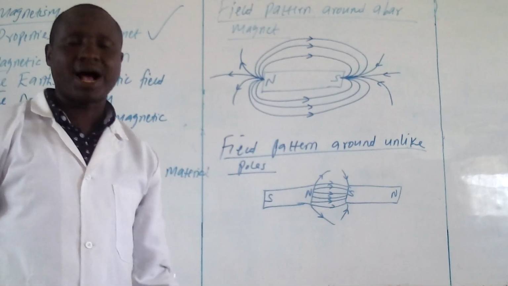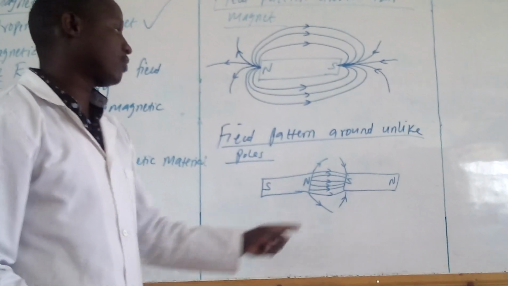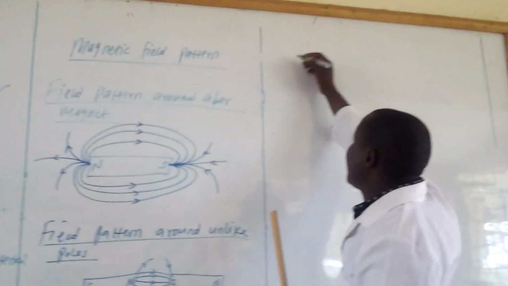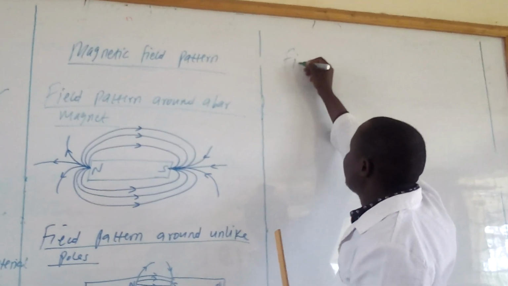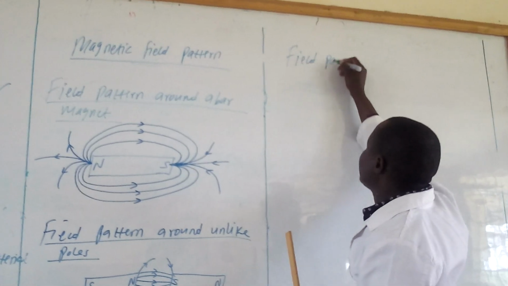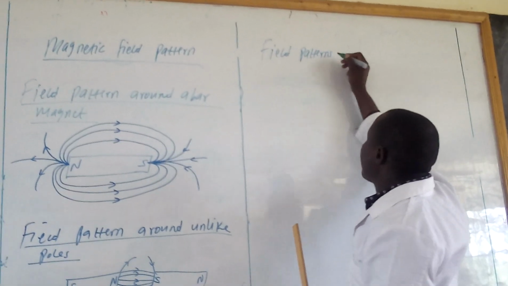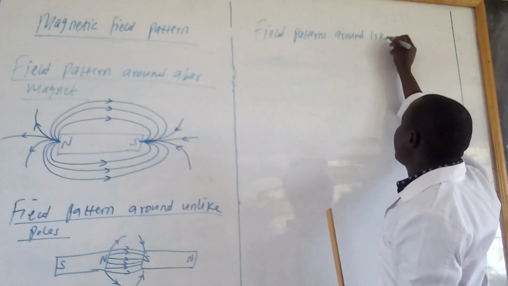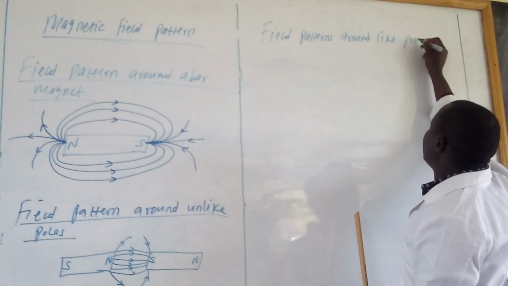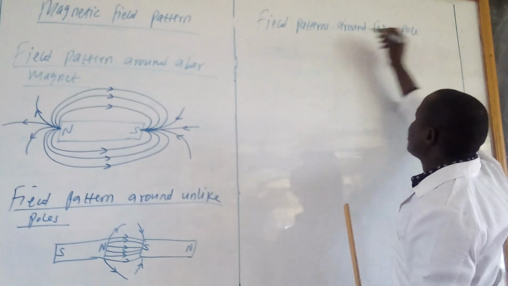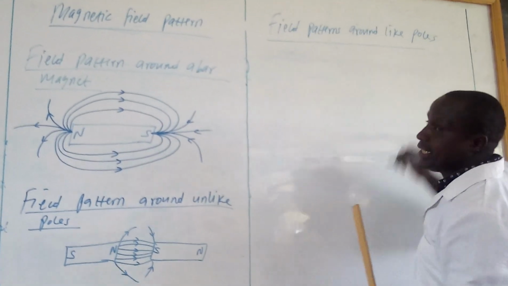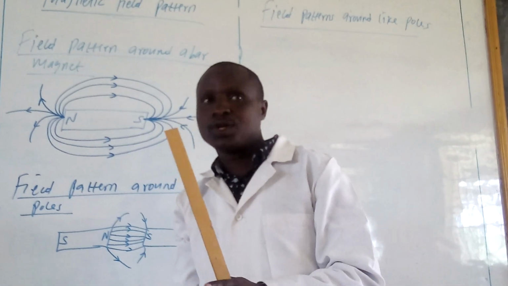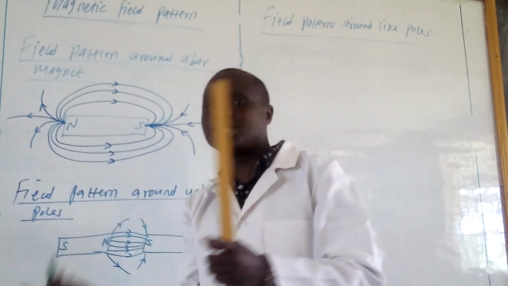Field patterns also around like poles. What will happen if we have like poles? When we talk about like poles, it means it can either be south pole and south pole, or north pole and north pole.